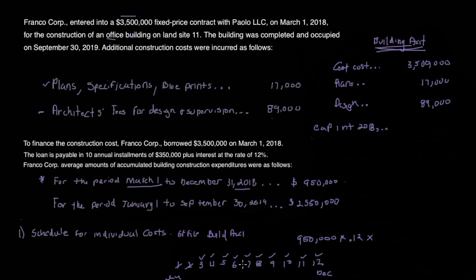If you accumulate those months that are counted, you will get 10. So 10 months, and then you are going to divide out of the 12-month period in a year, and you will get $95,000. And that is your answer. The answer for capitalized interest for 2018 is $95,000.